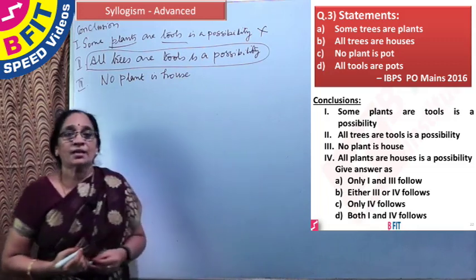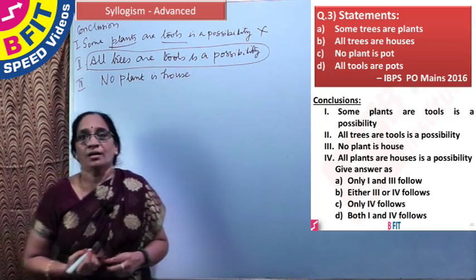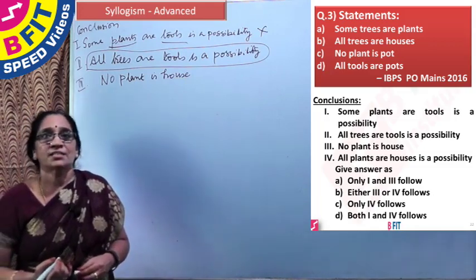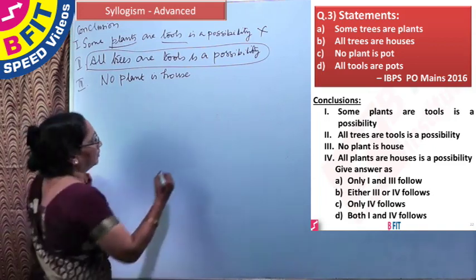The statements concerning these two, subject and predicate, are the first and second statements, that is, some trees are plants and all trees are houses.